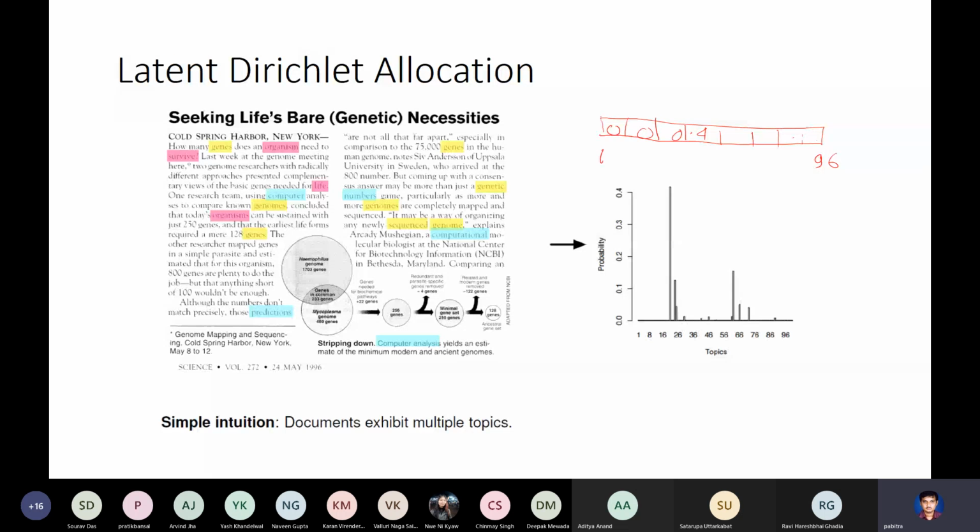The second thing to be noted is that for each of these points on the x-axis, each of these topics, I associate a set of words. That means this word with this probability belongs to this topic. This word with this probability belongs to this topic.